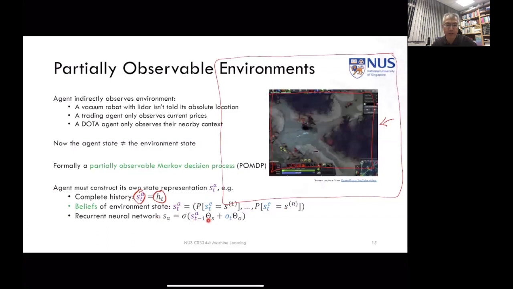Then we add that together with the current observation at the time step. If you recall the diagram, it looked a little bit like this. We're getting some input representation. This would be our observations, right? Our O_t. And here would be our S_(t-1), and then we would have our S_t.